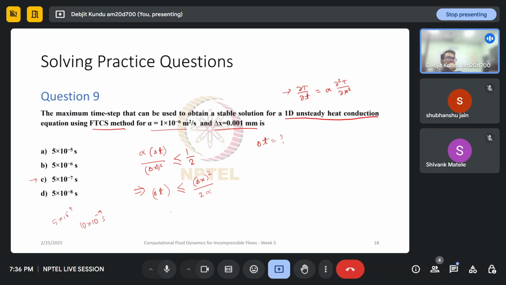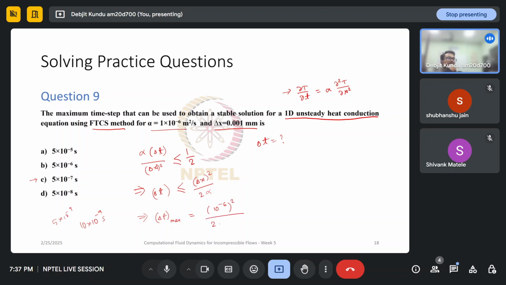Let's go through this calculation. Delta t has to be less than this, so the maximum value of delta t would be exactly equal to this. I'm just plugging in the numbers here. Delta x is 0.001 millimeters, so basically 10 power minus 6 meters squared.